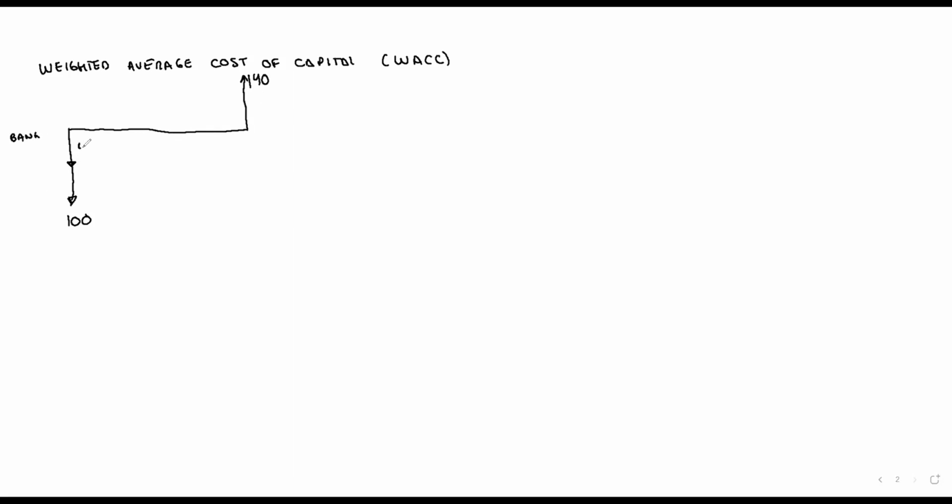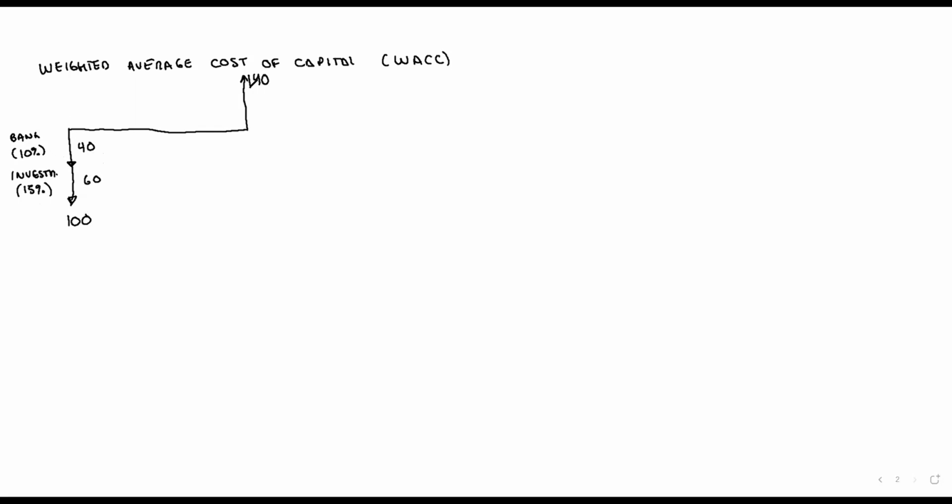Let's say they give you a loan for 40, and the interest rate the bank charges is 10%. And then the investors cover $60 to complete the 100. Imagine that these guys request 15%. So now you have two interest rates here. You don't have a single interest rate.